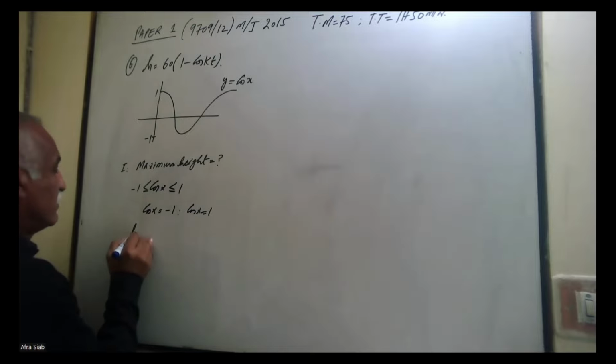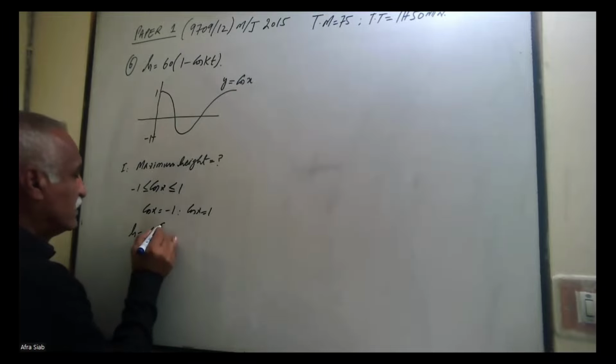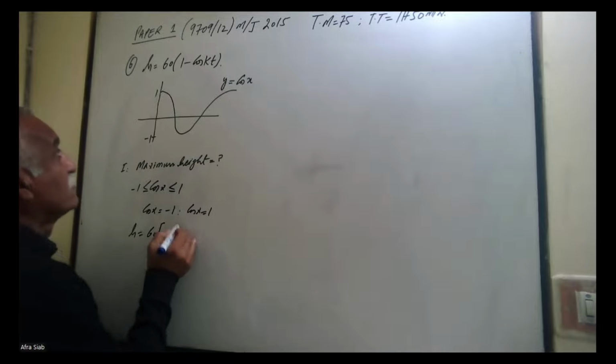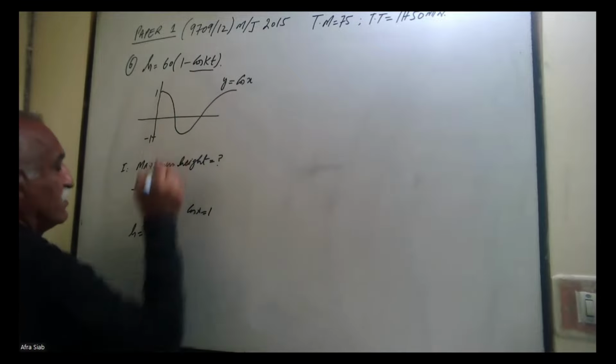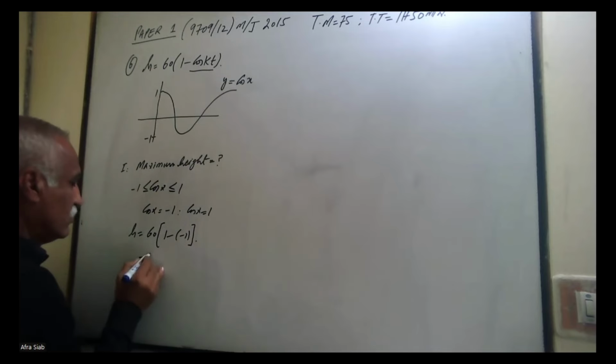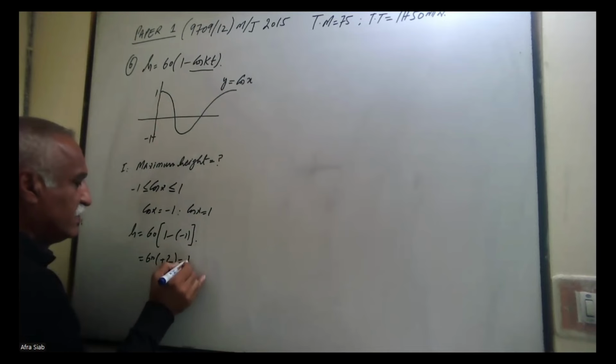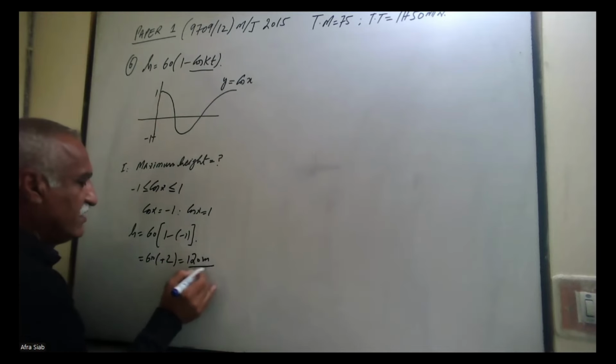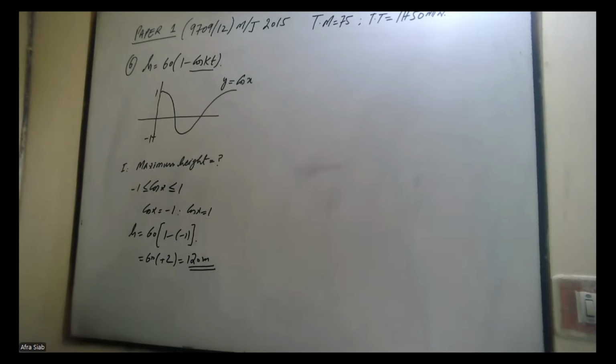In this way, h is equal to 60 into (1 minus cos kt), with cos kt equal to minus 1. So that is equal to 60 into 2, and that is equal to 120 meter, the maximum height which he can attain, because it has one cycle.